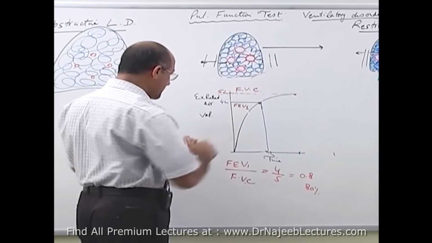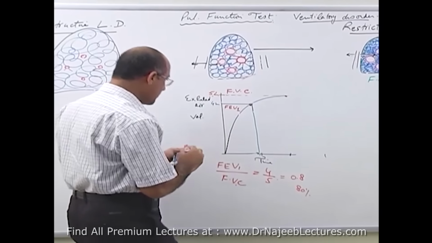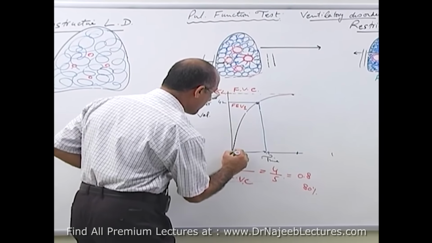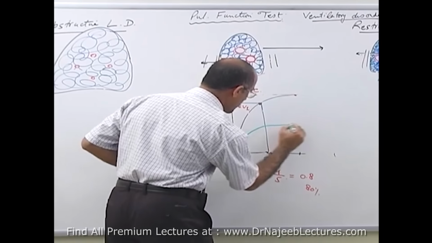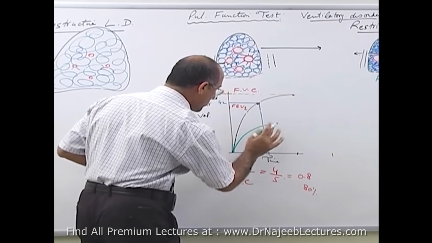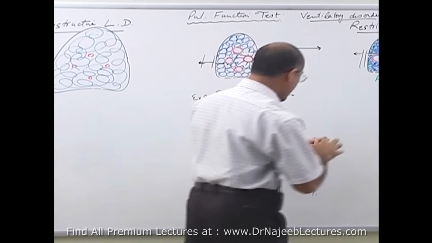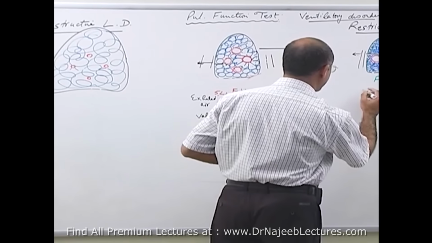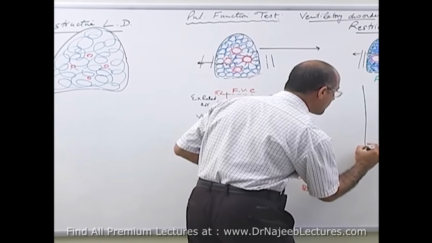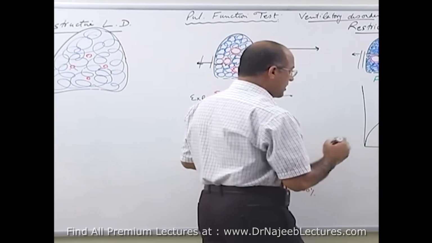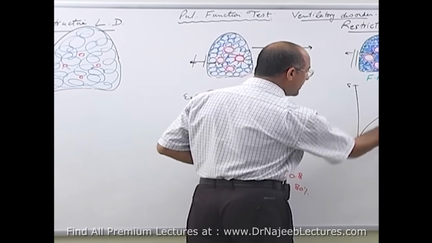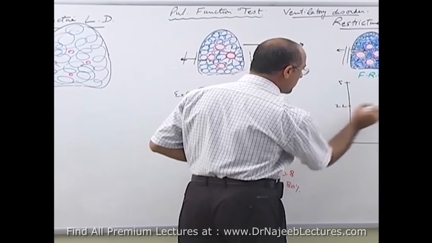If we make a graph here, that graph will be somewhat like this. Now, what we really see in this graph is, okay, I will make it a new diagram so that you can make a comparison. In this case, again, rather than 5 liter, it has only 2 liter that it could bring out.